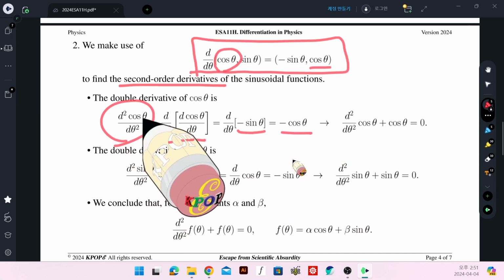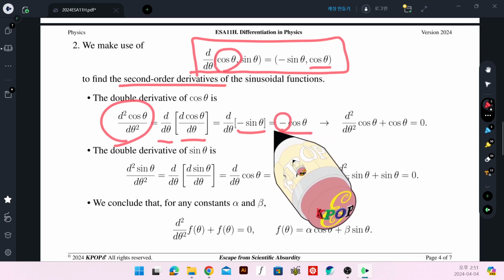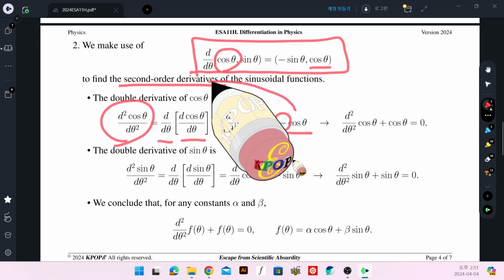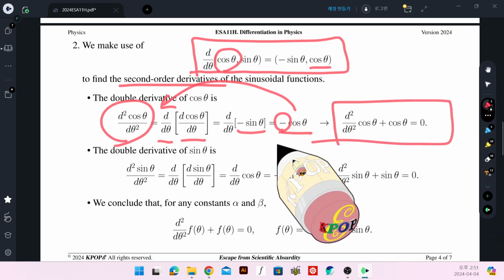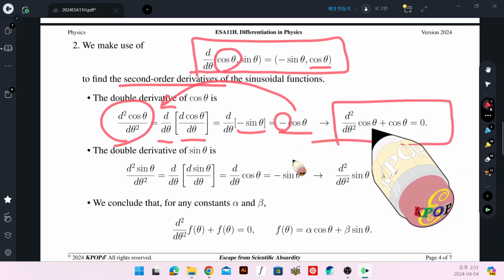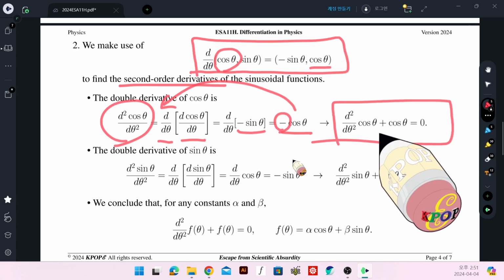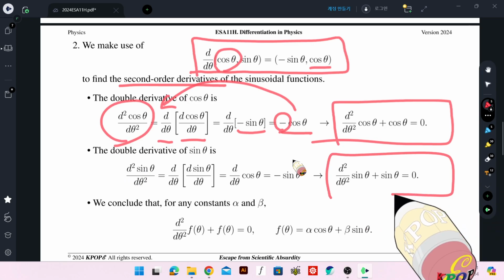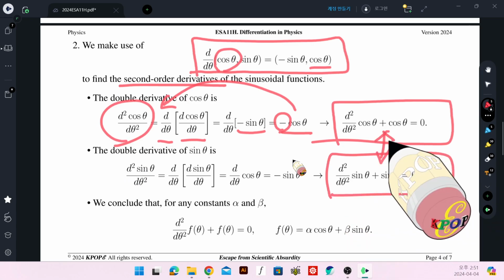It is identical to the original form except that we have an additional minus sign. If I move this to the left-hand side, we obtain the equation satisfied by the cosine function. In a similar manner, we can find that sine theta also satisfies the identical differential equation.